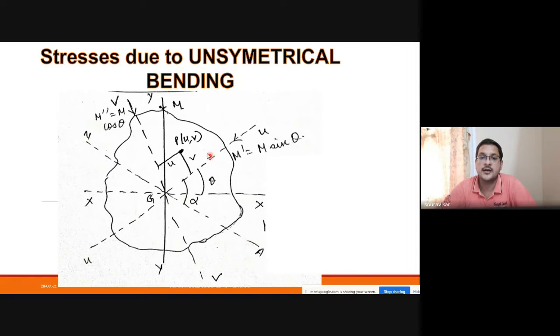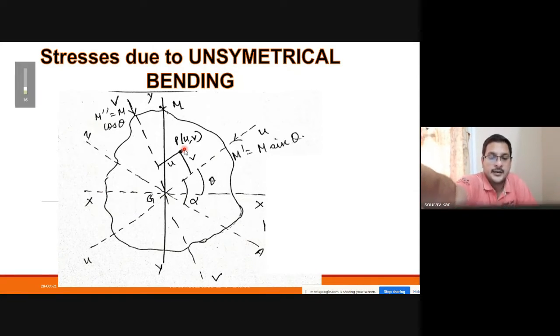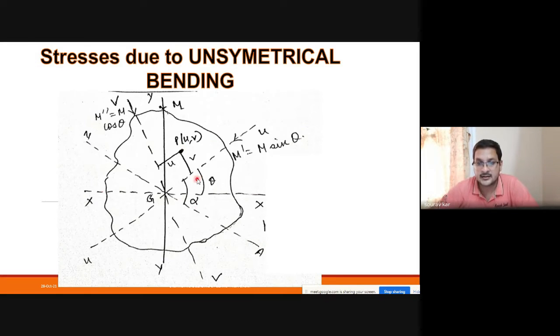Now we are interested to find out the bending stress at this point P. And see here the angle alpha. If someone asks us to find the location of the neutral axis NA, we need to know this angle alpha, which is inclined with the axis UU.